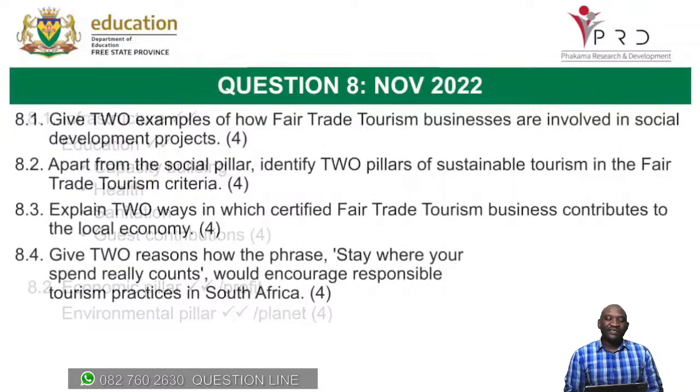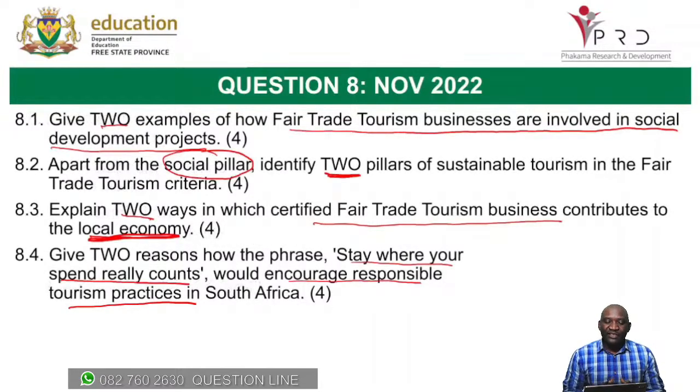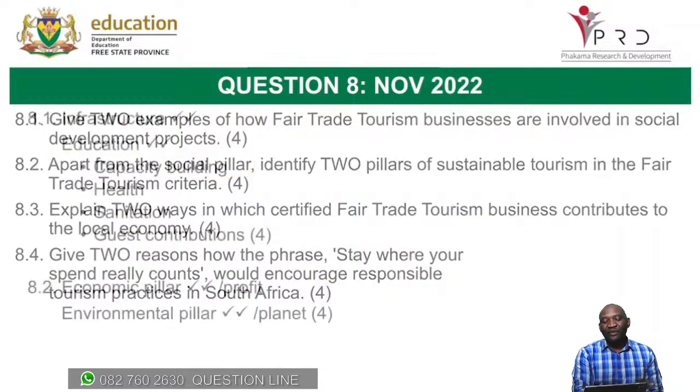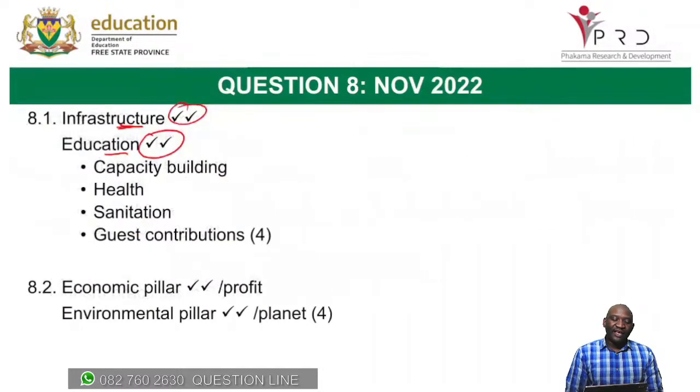And then the second part says, apart from the social pillar, identify 2 pillars, right? As I said, this is grade 10 work. Some of you might not have done the foundation in grade 10, but still, even if we picked it up in grade 12, we know that we have got 3 pillars. So if we can identify the social pillar, what will be the other 2 pillars? It will be the economic pillar, or the profit, or the environmental pillar, which is the planet.